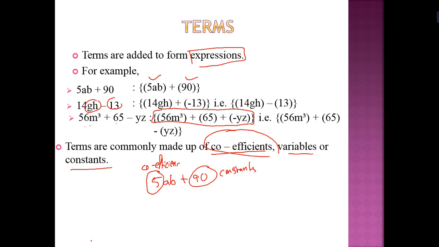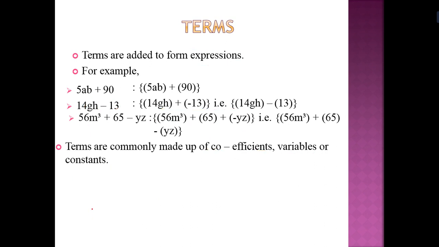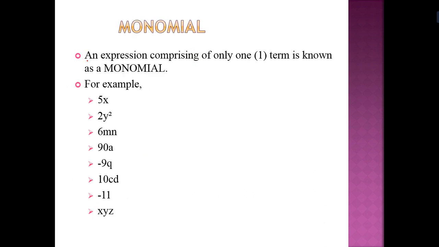Now we go to the next: monomial. Already you know mono means one. An expression comprising only one term is known as a monomial. So 5x, 2y square. You can also write in a different way: 6mn, 9ta, minus 9q, 10cd, minus 11xyz.